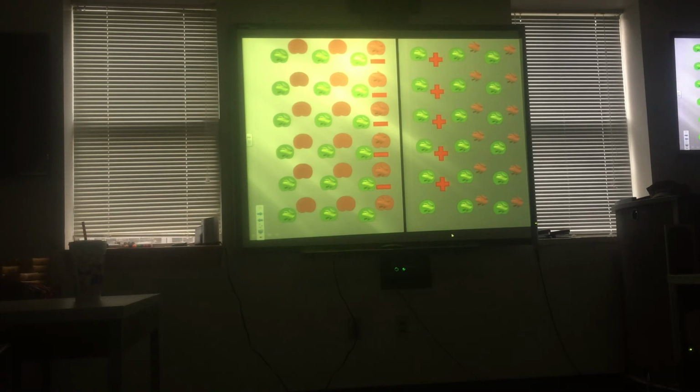If I were to take the negative terminal of the battery or voltage source and connect it to the left side, which is my P or my anode side, and I were to inject current, remember that conventionally they say current flows from positive to negative, but we know that electron flow actually flows from negative to positive. So adding more electrons, or in this case frogs, will essentially fill up all these lily pads.